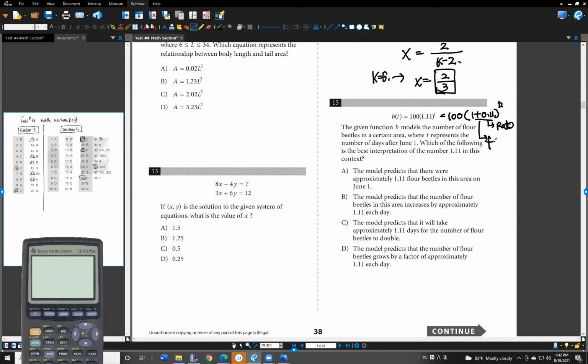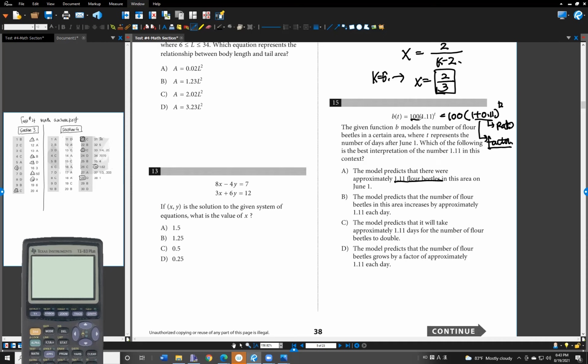Approximately 1.11, no, this is a number. This is not 1.11 flower beetles. We need 1.11 times.